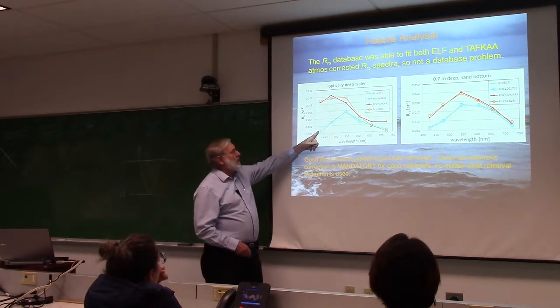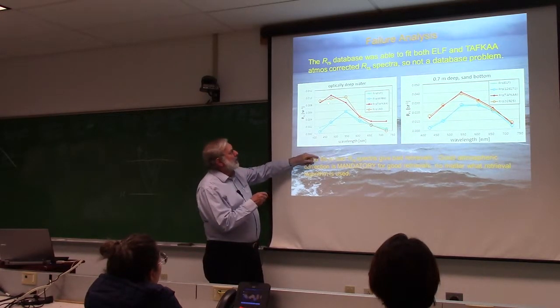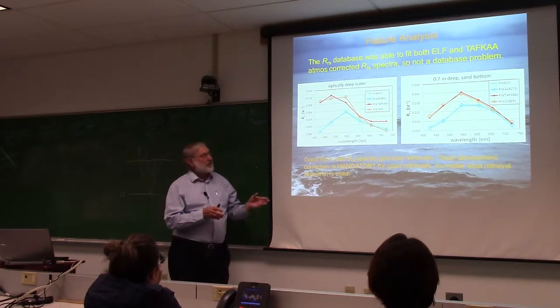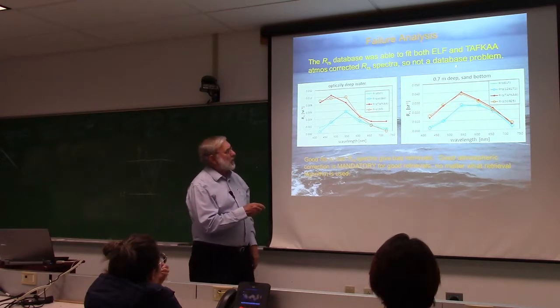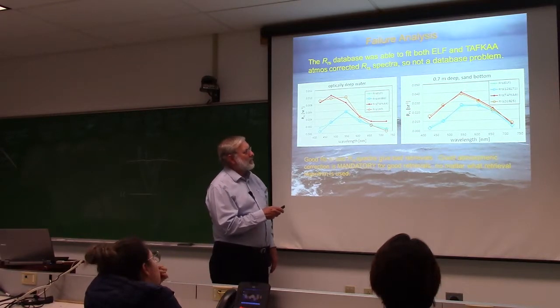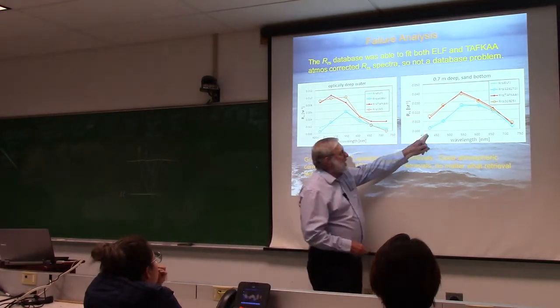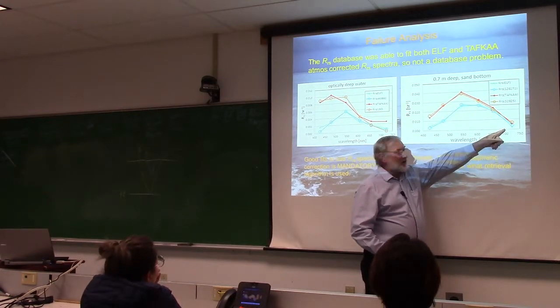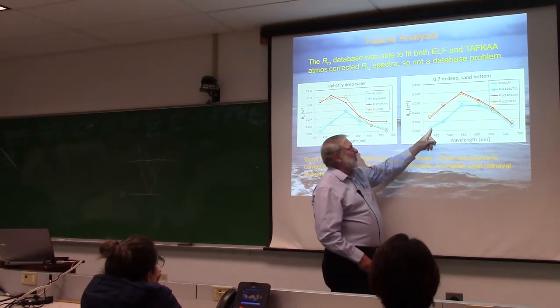Well, it does pretty well. Here's another point in optically deep water where the orange curve is the measured remote sensing reflectance spectrum and the red curve is the closest matching database spectrum. Well, that's not too bad. Here's a couple of spectra from shallow water, which was 0.7 of a meter with a sand bottom, and you can see the measured and the closest matching database spectra right on top of each other.